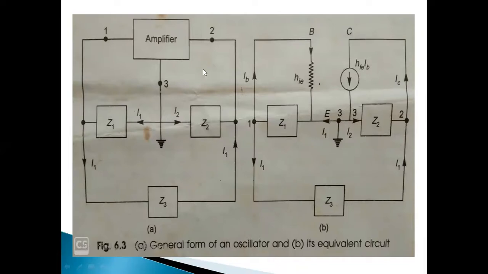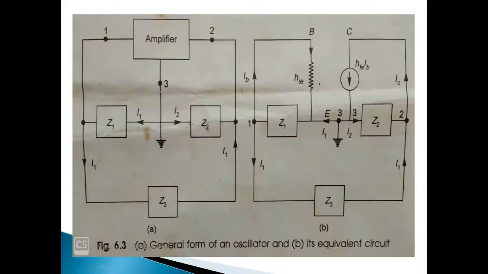So this is the basic circuit, or basic form, of the LC oscillator. Here the amplifier consists of any type of active element, and the up-down portion is the feedback network. In this feedback network, we have three elements: Z1, Z2, and Z3. The frequency of oscillation of this type of oscillator is normally f equal to 1 by 2 pi root LC.